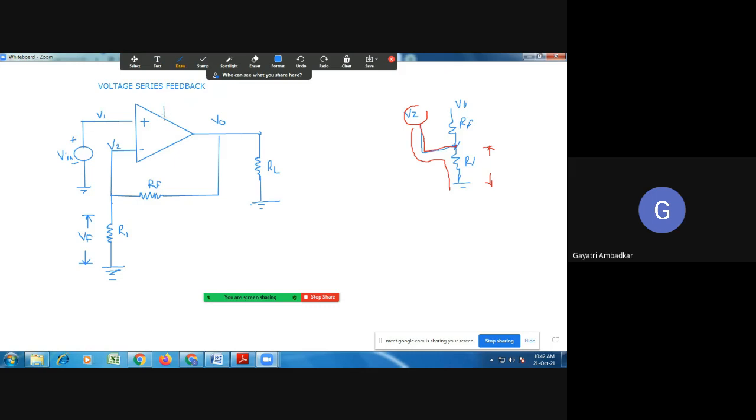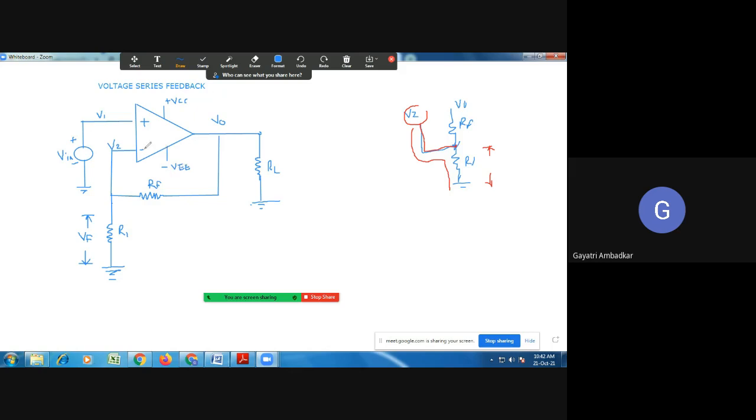Also show the power supply voltage. An op-amp requires a dual power supply, so plus VCC and minus VEE are connected to the op-amp.